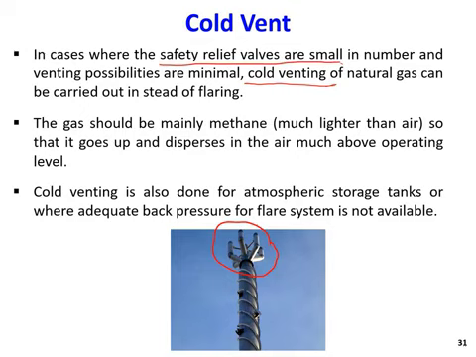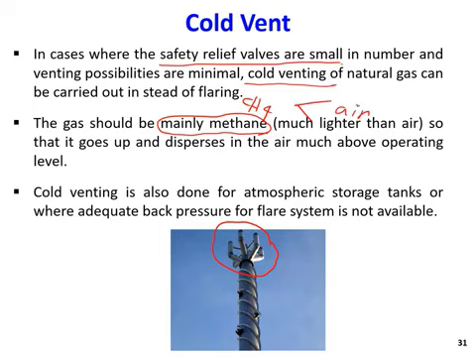So in this case, the gas should be mainly methane, or natural gas should be mainly methane, which is a molecule lighter than air. The molecular weight of methane is much less than the molecular weight of air.